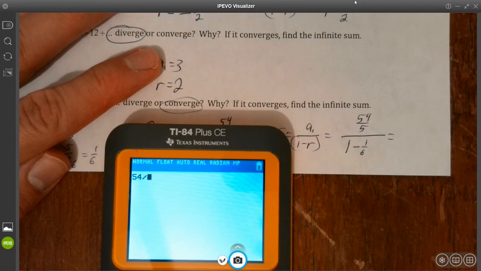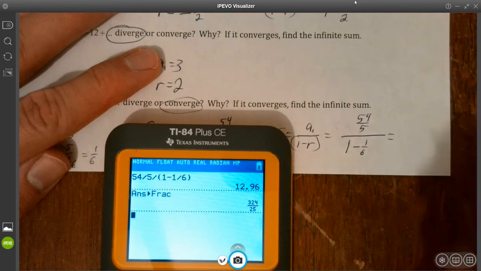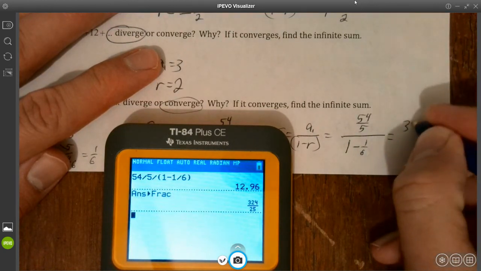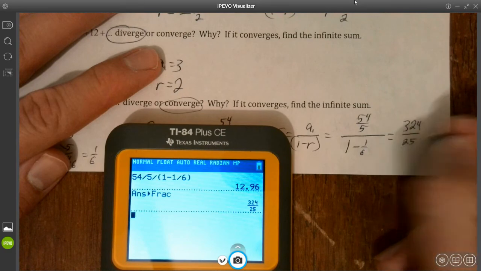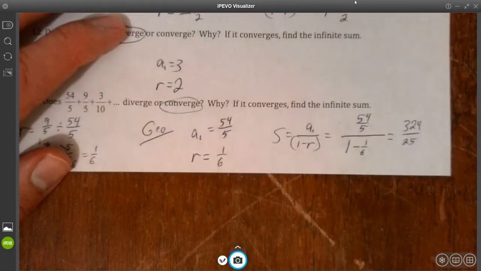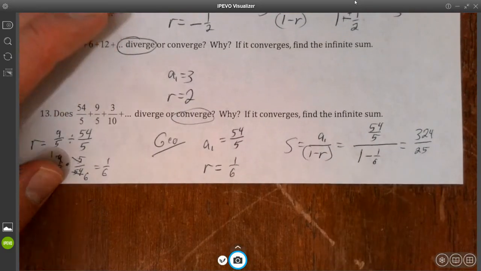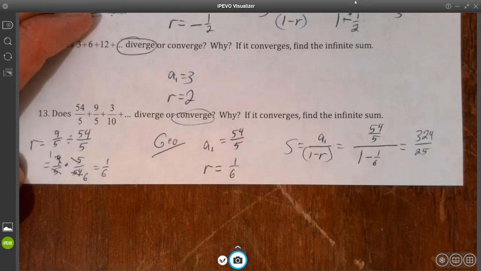I don't know why I'm trying to do this in my head. I'm just having so much fun, I can't stand it. 1 minus 1/6. There we go. It didn't reduce, and my numerator was wrong. All right, 324 over 25. I was trying to do way too much in my head. Way to go. Messed them up. But that's the final answer on that one. Man, that was fun.